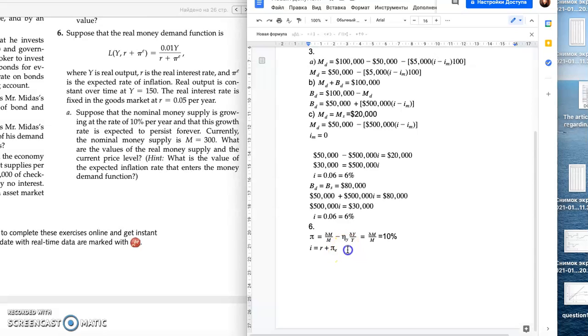So using the indicators that we have, our real interest rate is 5% plus the current rate of inflation of 10%, and we have 15% nominal interest rate. Then by using the real money demand function, we can find the real money supply, which is 10, and the current price level, which is equal to 30.